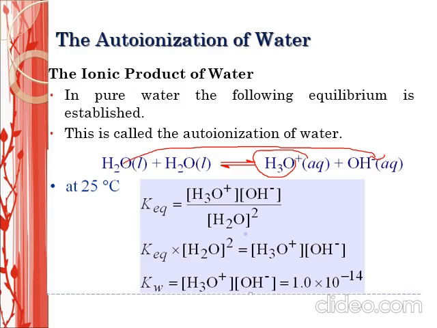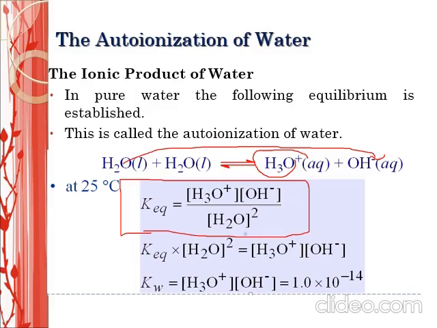Now, we can write this autoionization of water in this form here. We call this expression K equilibrium, the equilibrium constant of water. So we put product in the numerator, reactant in the denominator. Now, because the reactants in the denominator here are both in liquid form, we can ignore them.